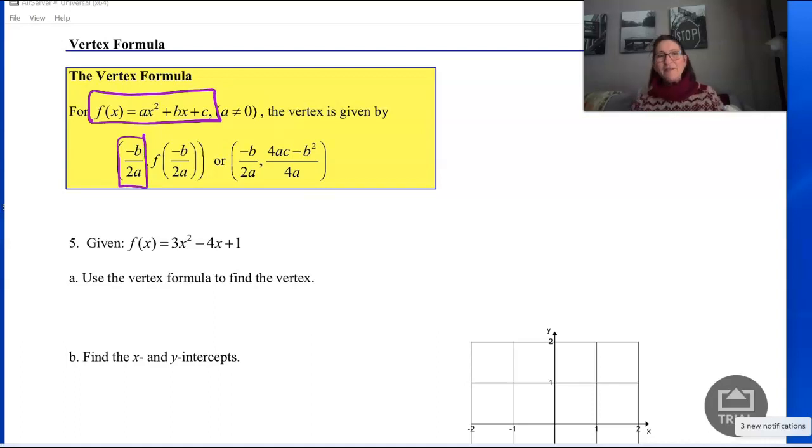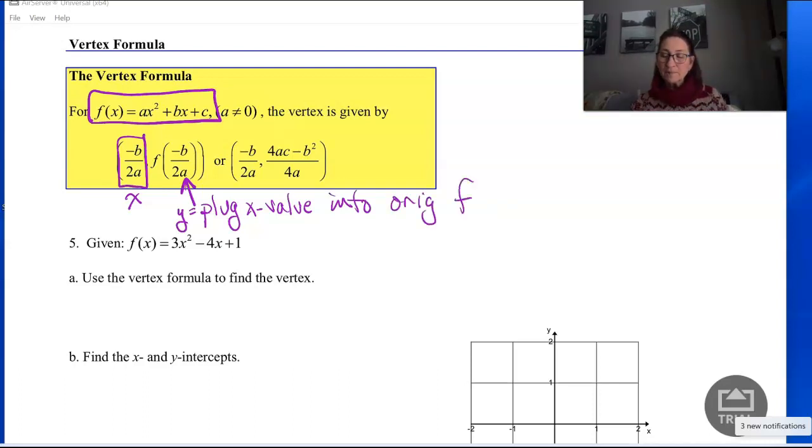That's it. The second part is to find the y part. So that gives you your x. For the y, all you do is plug the x value into your original function. That's all.